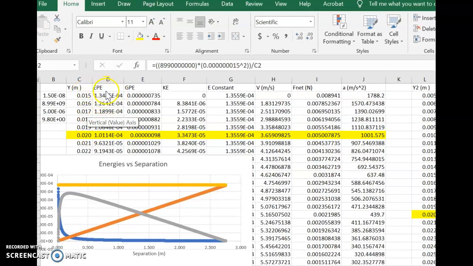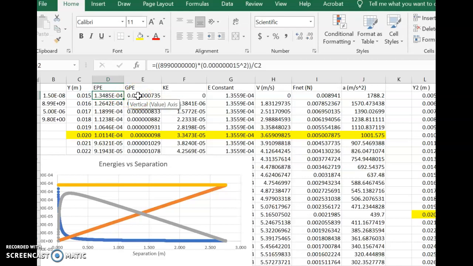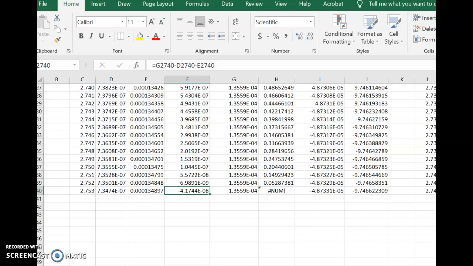To find electric potential energy, it's K times charge 1 times charge 2 divided by R, or in this case, we'll call it Y. And then gravitational potential energy is mass times gravity times the change in Y. And then kinetic energy is half of the mass times the velocity squared, which this one was just 0.